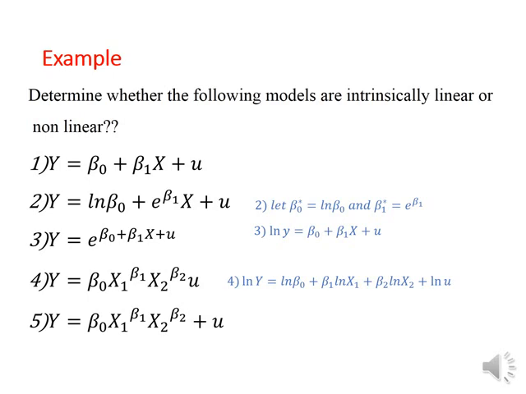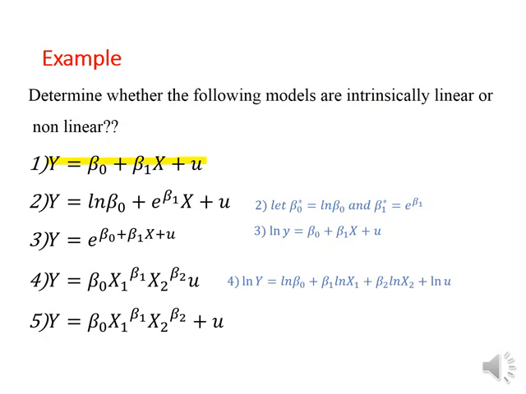Now, for example, starting with the first example, where y equals beta naught plus beta 1 x plus u. Of course, it is linear from the very beginning because beta naught and beta 1 enter linearly. In the second example, y equals ln beta naught e to the power beta 1 x plus u.